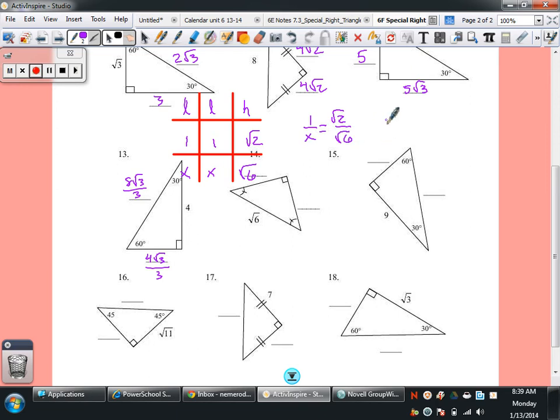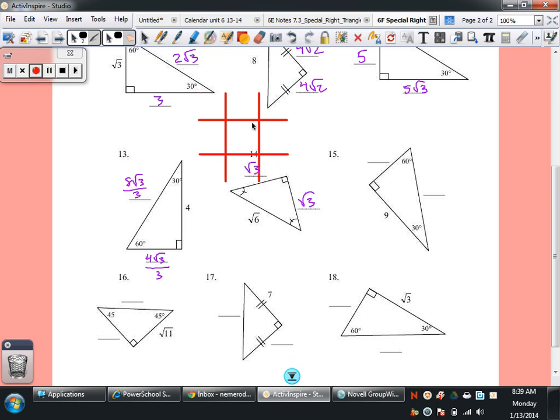We get x times the square root of 2 equals the square root of 6. We divide both sides by square root of 2, and we get square root of 3. So this missing side here is that. Make sure I put the answer in both blanks so I get full credit from my teacher.